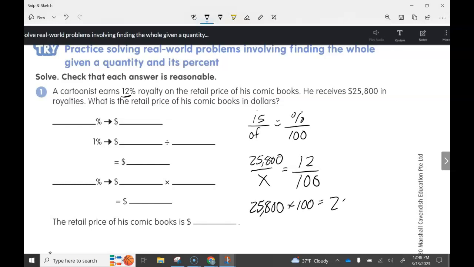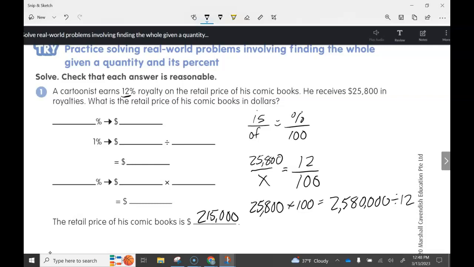You can see we have $2,580,000. Now that's not how much he sold, because we still need to divide that by 12. Take that, divide it by 12, and we can see that's going to be $215,000 in comic book sales.